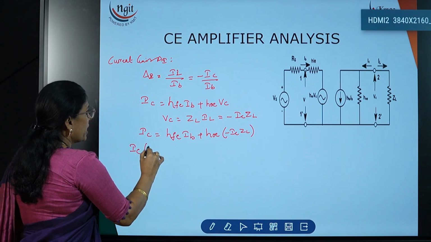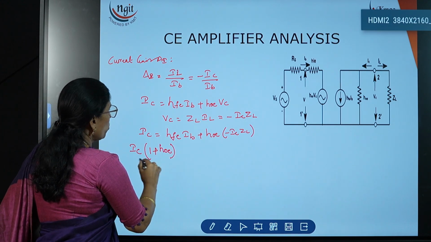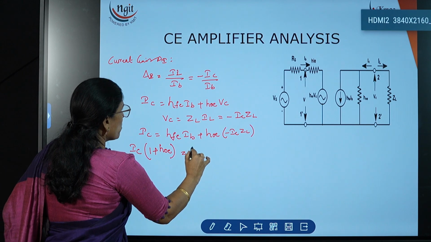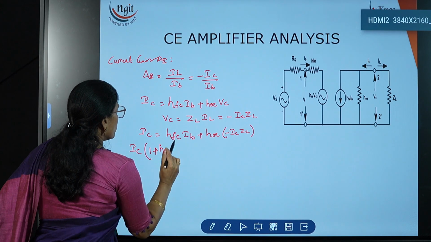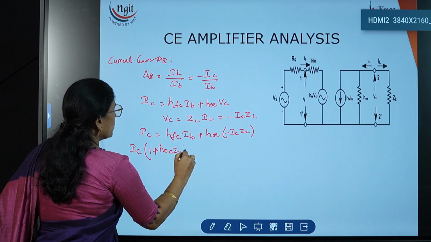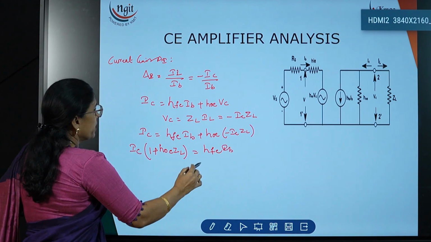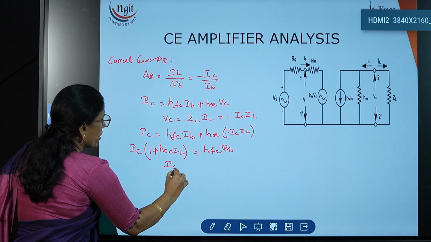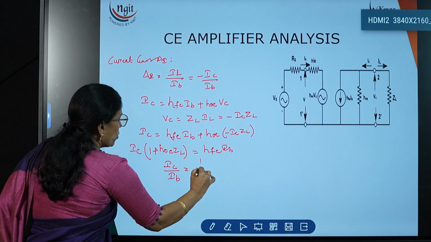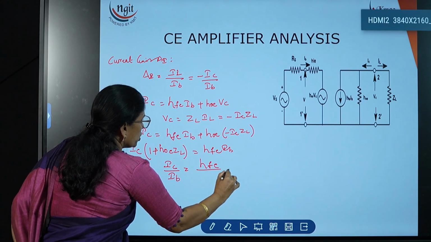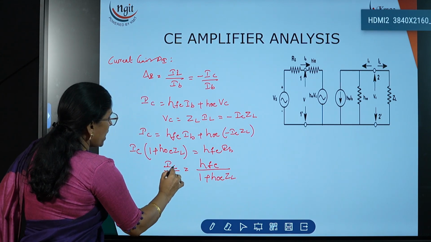With that I will get 1 plus HOE ZL into IC is equal to HFE IB. So now I need to write the expression IC divided by IB. IB I am bringing to this side, and 1 plus HOE ZL to the other side. IC divided by IB is HFE divided by 1 plus HOE ZL.